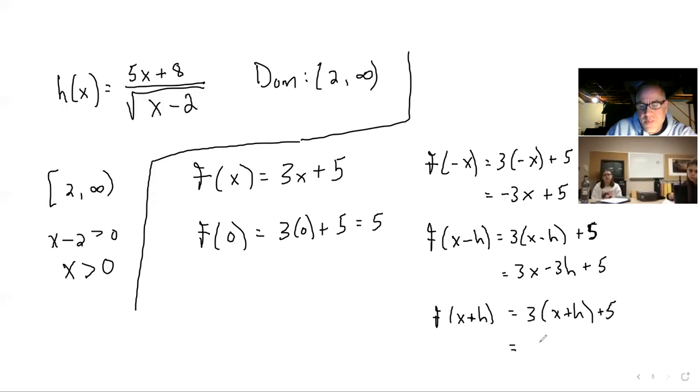This is going to be 3x plus 3h plus 5. That's as much as I could do. We're going to deal with next time something called difference quotient, which actually takes us right up to the edge of calculus. And we'll talk about why that is next time on Thursday.